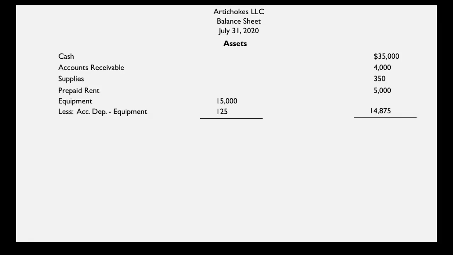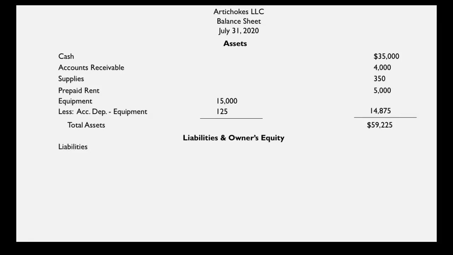So we can now add up those numbers on the far right to find that our total assets equals 59,225. So we'll come back to that number at the end. Again, our accounting equation, assets equals liabilities plus owner's equity. So we've already listed out our assets. So now we're going to list liabilities and owner's equity.